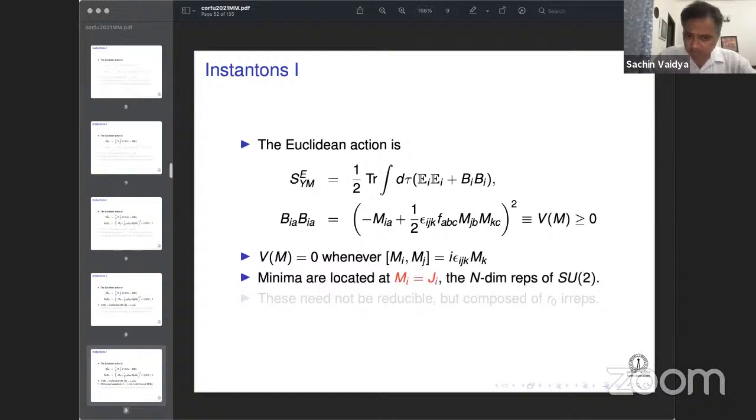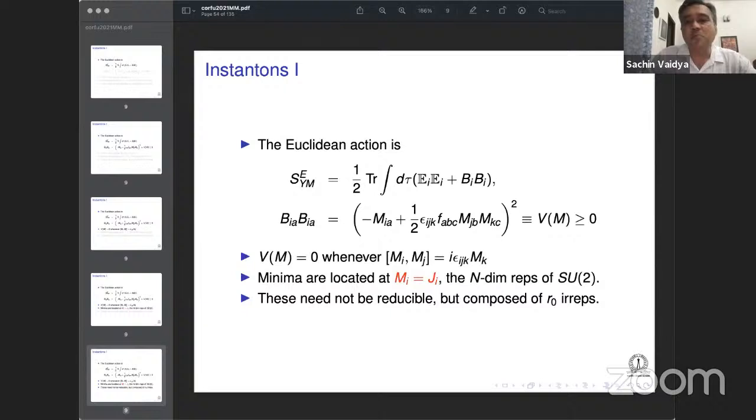And therefore, the minima of the potential are located whenever the M's are generators of n-dimensional representations of SU(2). Of course, these generators, these J's, need not be irreducible. In fact, they could be composed of a bunch of irreducible representations. And let's say that there are n_r irreducible representations that make up the J's, make up the M.